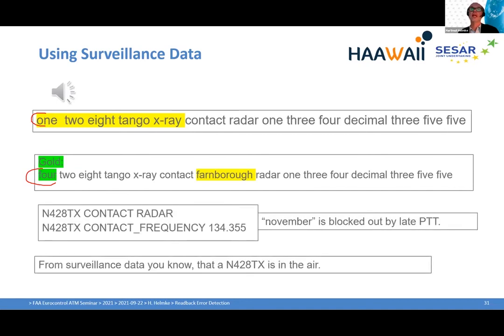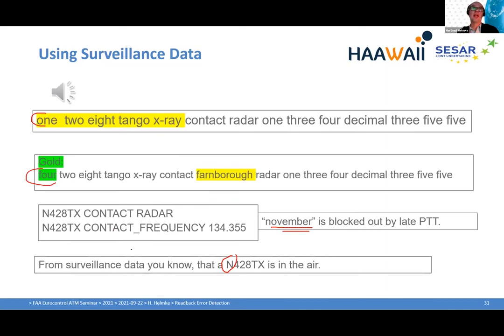So really, I think the ATCO wanted to say November 428, because only November 428 is in the radar data. So we expect here that the November was blocked out by pressing the push-to-talk signal too late. But luckily, what we call assistant-based speech recognition, already for a long time, also uses the information from the surveillance data or output from an assistant system, and will immediately help to reduce this ambiguity.